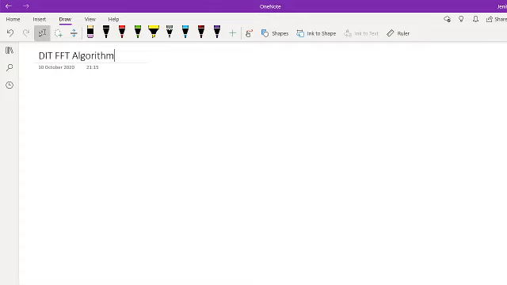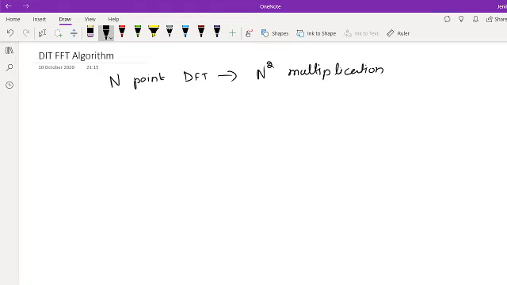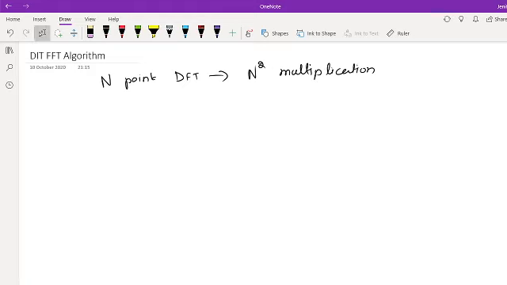In general, to perform an N-point DFT, we require N square multiplications and N into N minus 1 additions. For example, let N be 1024 points.